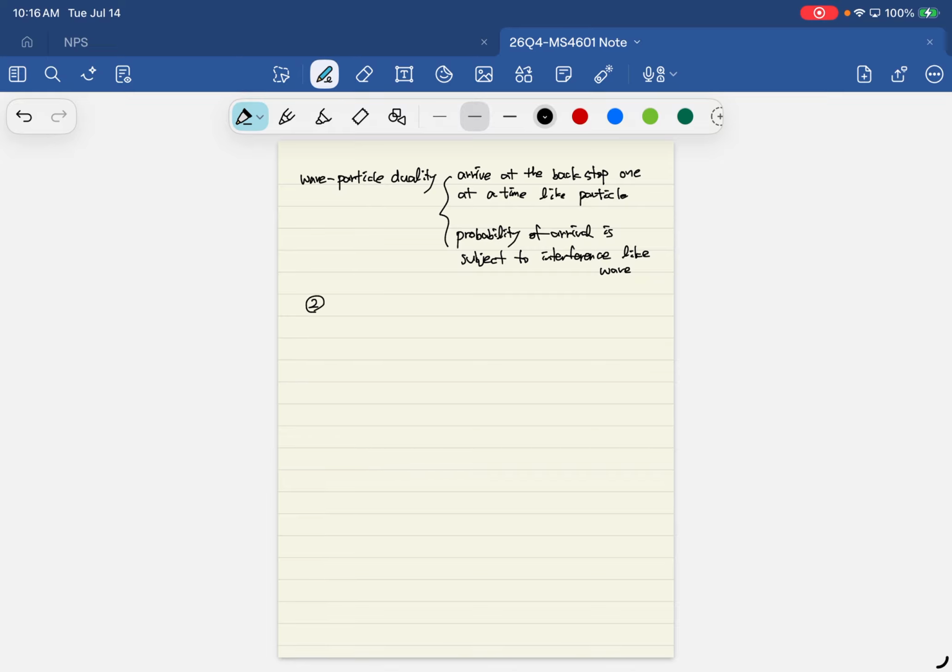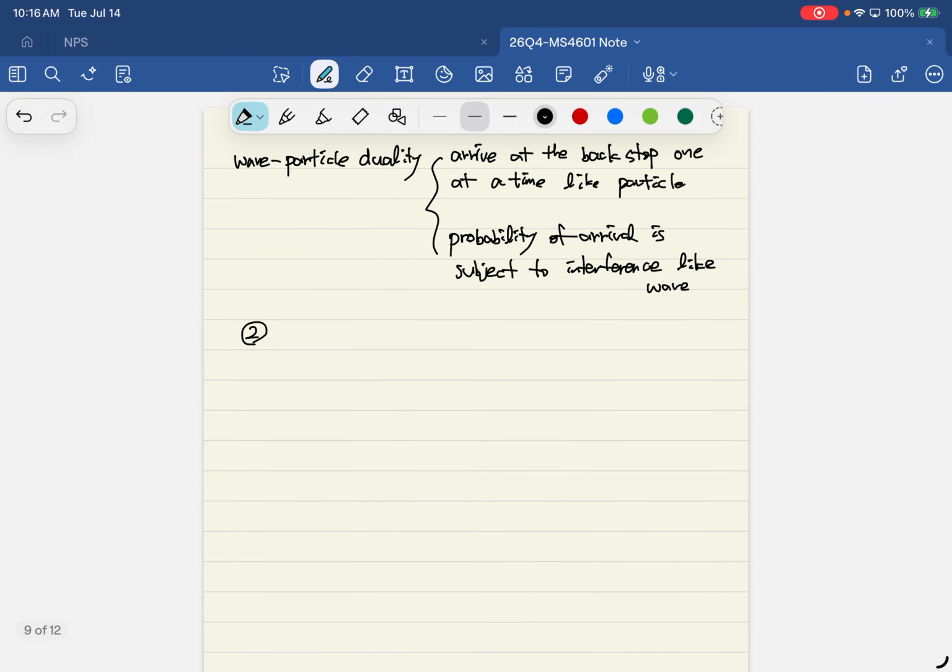So the second example is the ultraviolet catastrophe. Okay. So for this one, let me write down a few words here. Classical physics for black body radiation.